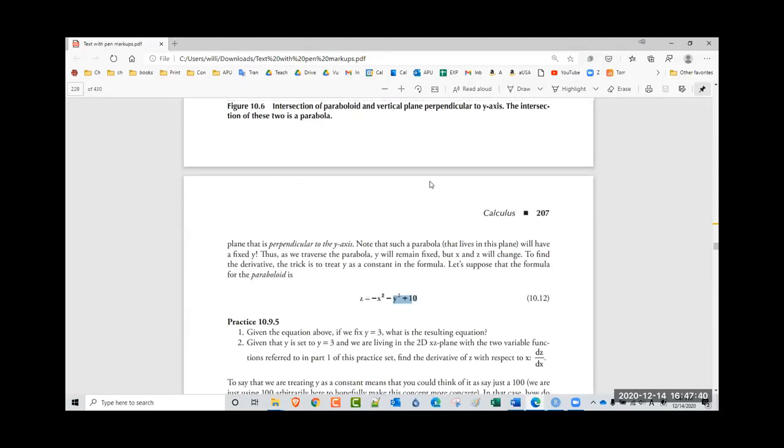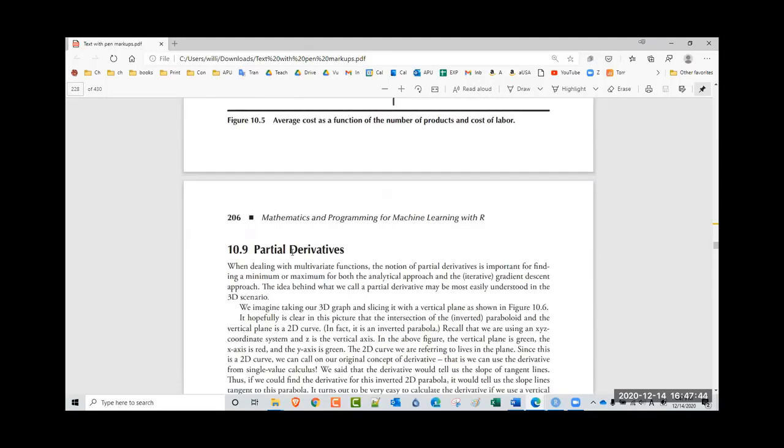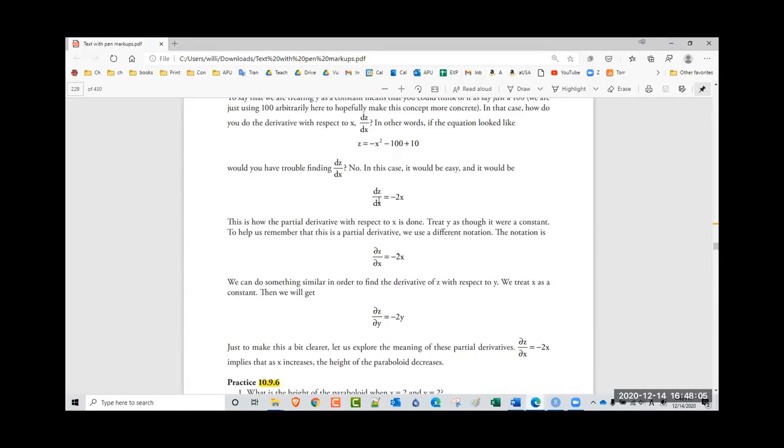So that's called partial derivatives. Partial derivatives are when you take a derivative in just one direction, like we did, just in the y plane, and then we'll do the same thing in the x plane. And each of those are called partial derivatives. And the notation is like this.